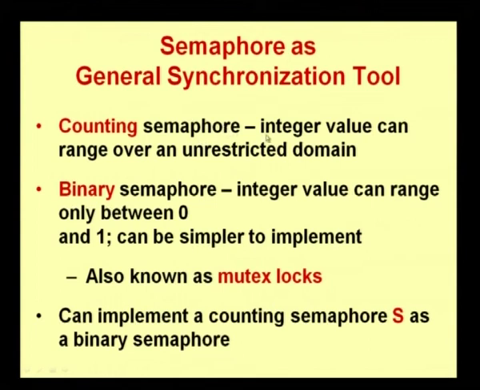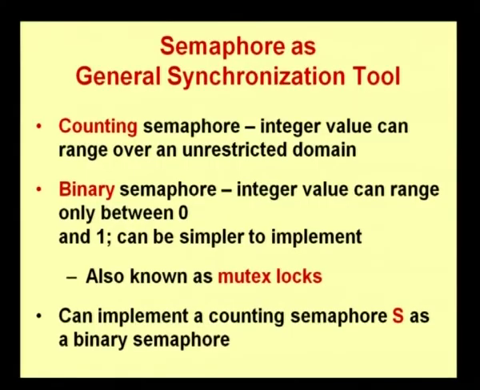A counting semaphore has an integer value that can range over an unrestricted domain. Unrestricted domain means it can go from 0 to n, and that n may vary as 900, 999 or 9999. It does not have any limitation, but it should only be an integer value. Such an integer value is called a counting semaphore.